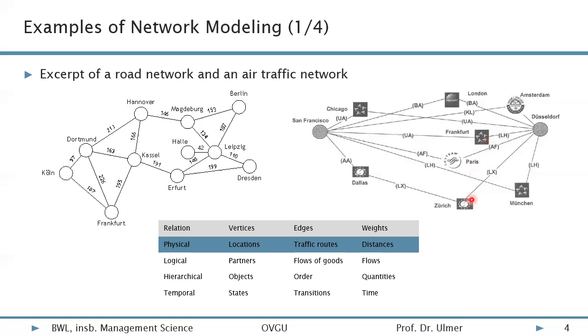I don't know what these represent. And here, the edges give us routes between San Francisco and Düsseldorf. And the information on these is not the distances, but the provider of the service.